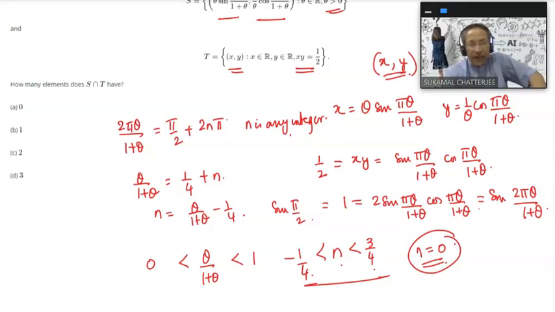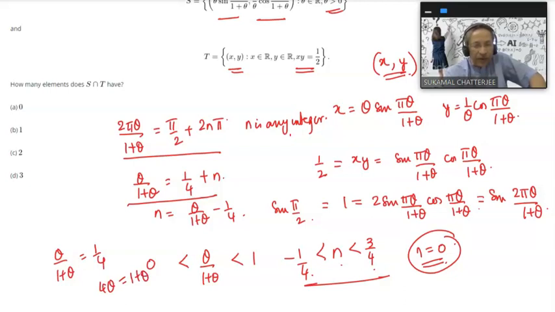This is given by n equal to 0, and for n equal to 0 you get the value of theta from here: theta by 1 plus theta equal to 1 by 4, or 4 theta equals 1 plus theta. So theta will be equal to 1 by 3.